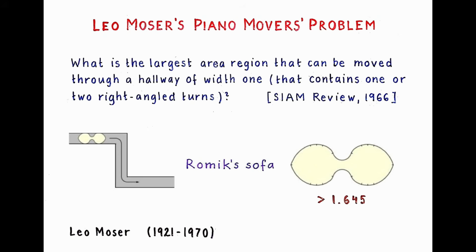It's a strange shape, not only for a piano, but also for a sofa. It is conjectured at the moment to be the largest shape which you can push around along these corridors. It really consists of 18 pieces, if I'm not wrong, and each of those pieces is an analytic curve, which is the solution of a differential equation. And most likely this is the best, but who knows?